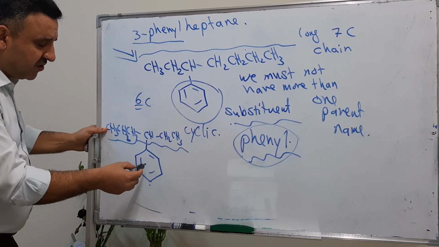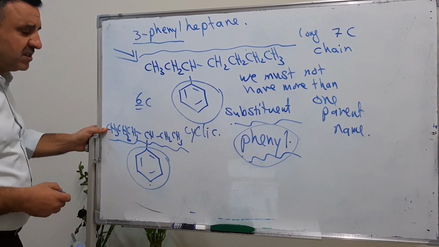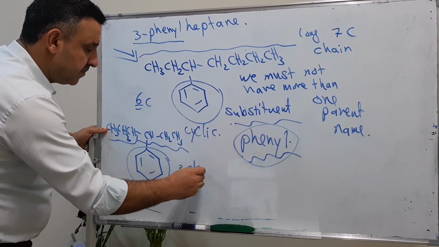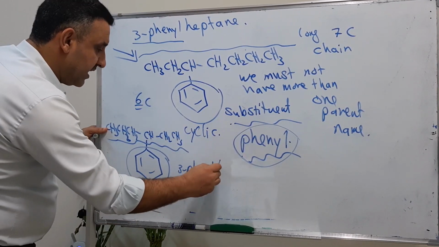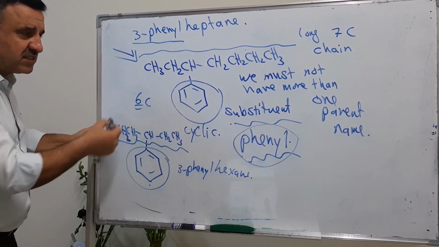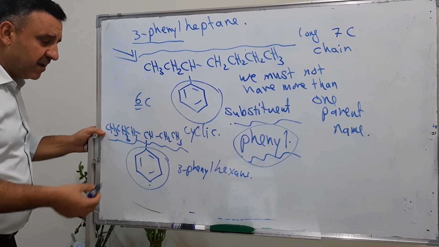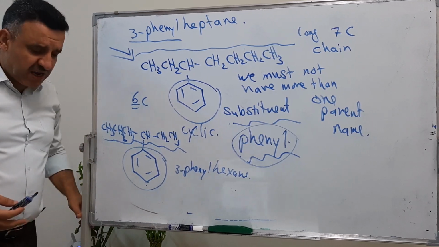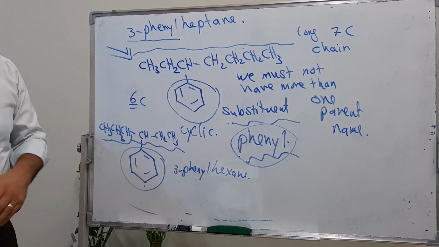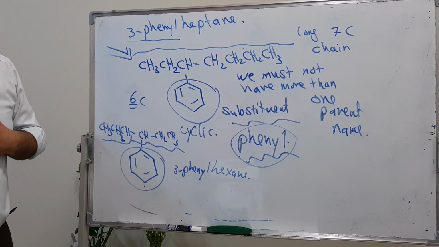What's the easiest for you? The easiest for you may be to consider this as a parent name, just to say it's 3-phenylhexane. Or if you want, you may consider this as a substituent too. It works fine, you know. It's actually up to what's easier for you. Both are fine if they contain the same number of carbons.